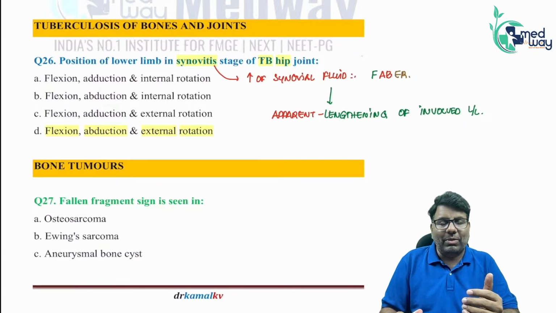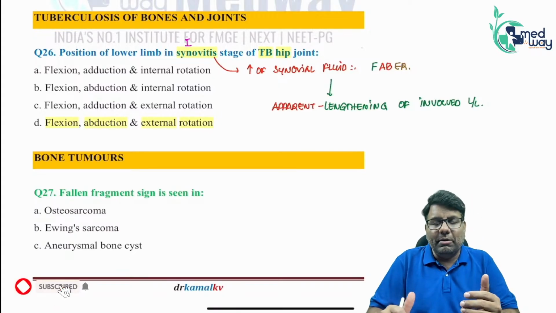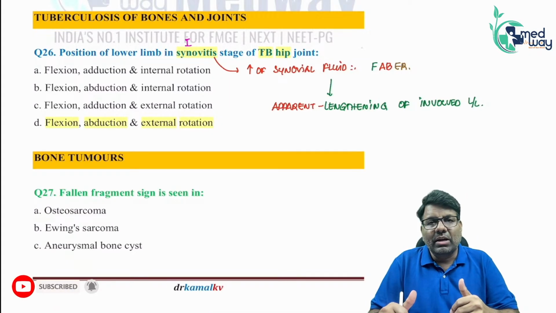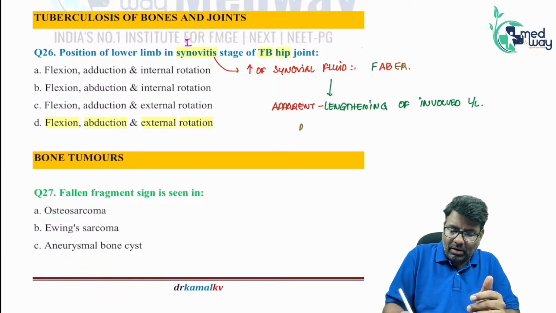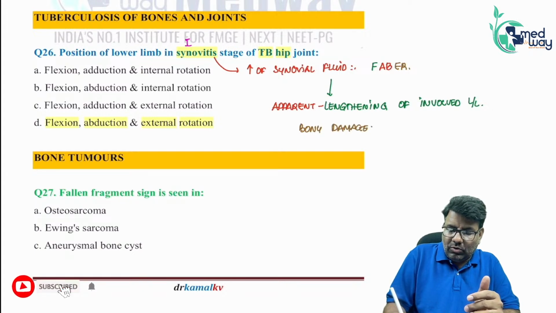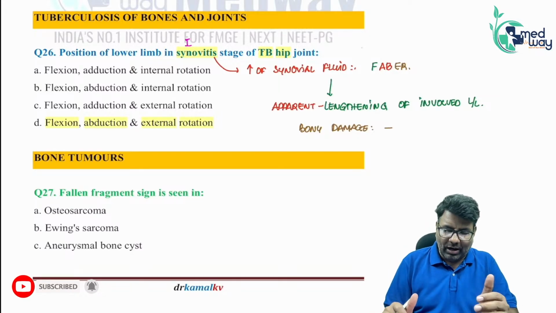So this is known as apparent lengthening. This is stage 1 of TB hip, where there is FABER deformity leading to apparent lengthening. And if someone asks you about bony damage, you will say there is no bony damage. So this is stage 1.